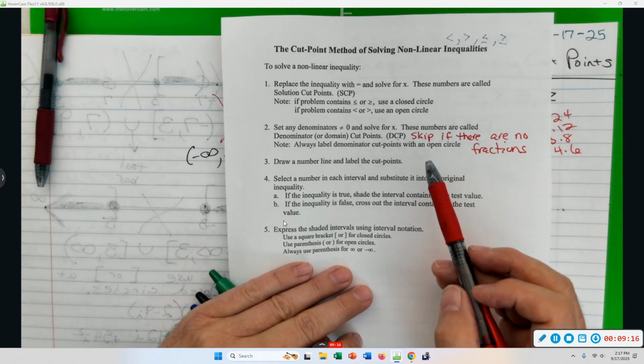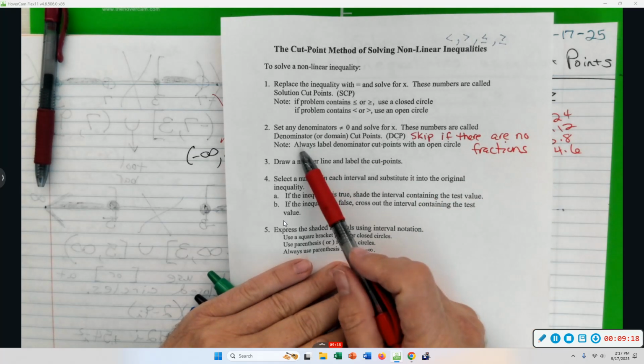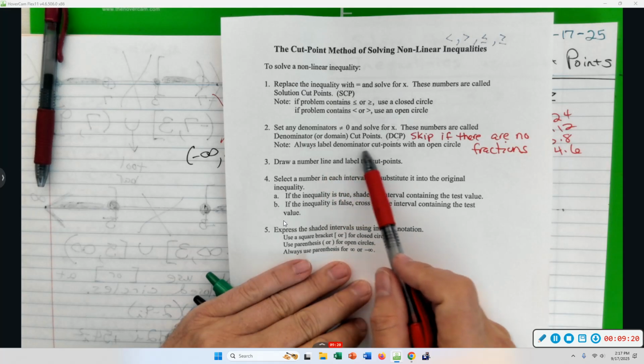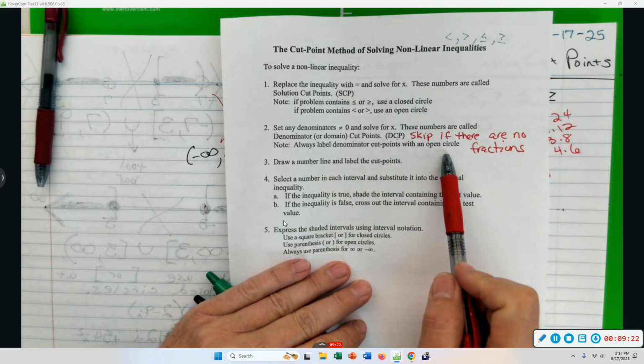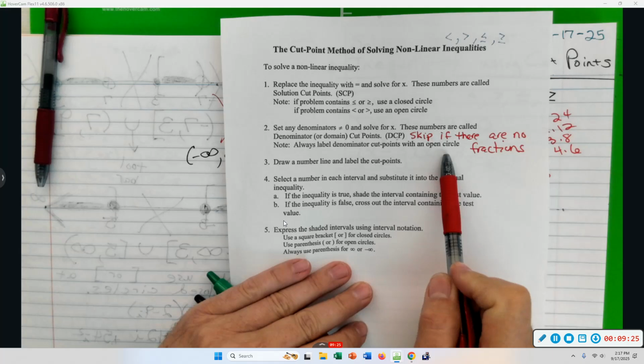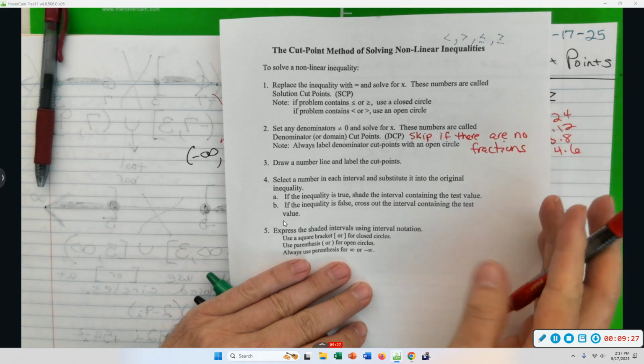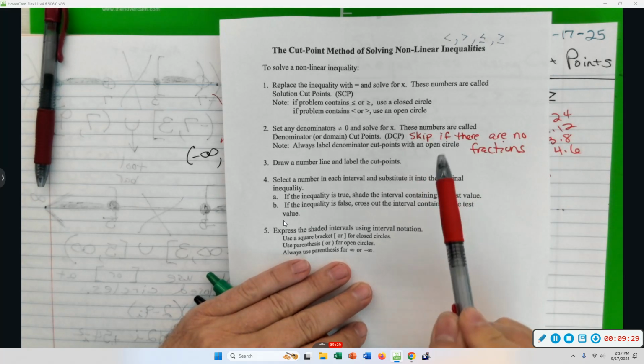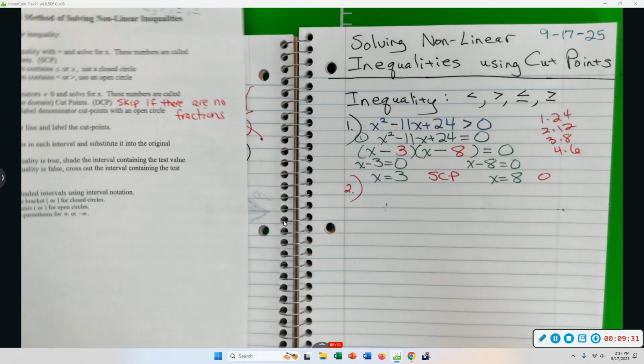You never want a denominator to be 0, so when we do have denominator cut points, you'll see we're always going to label those with open circles. It doesn't matter what the original problem says. Denominator cut points will always be open, and we'll see that later on.